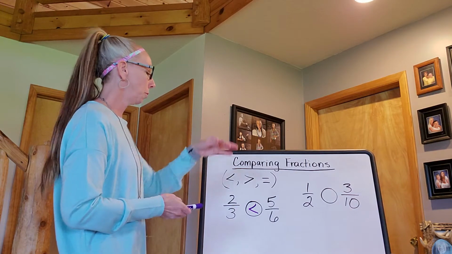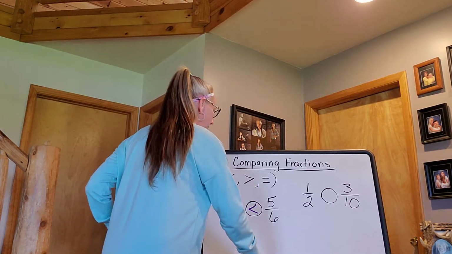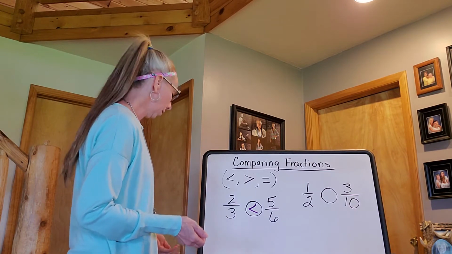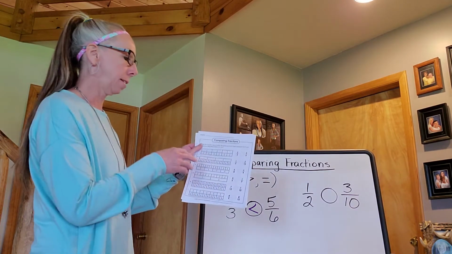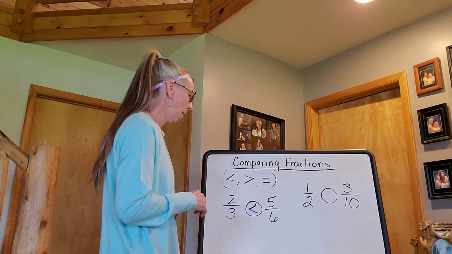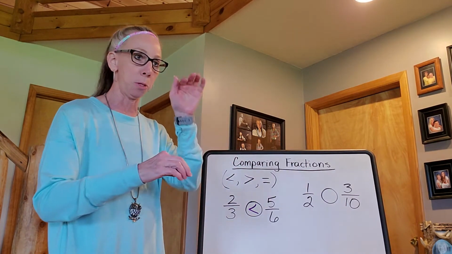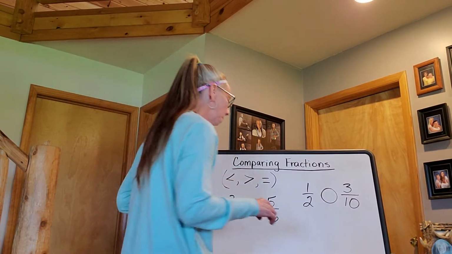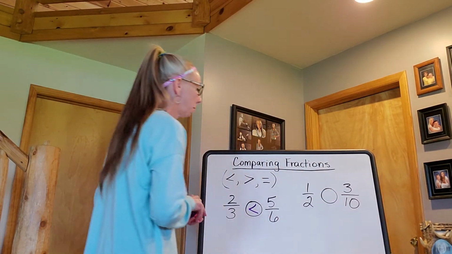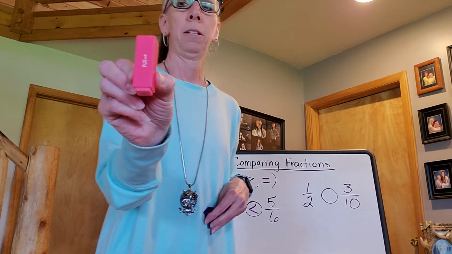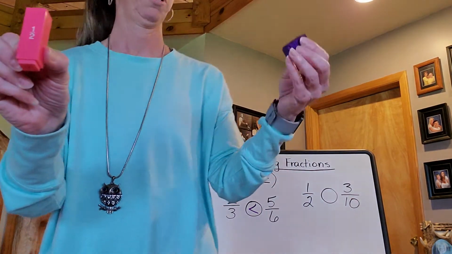And now we're going to move over to the next one, which is 1/2 compared to 3/10. So again, that's the second one on our worksheet. You can color those bars in on there, and then you can visually see the difference between 1/2 and 3/10 to see which one's bigger and which one's smaller. You could use the fraction blocks. So I have 1/2, and then I have 3/10.